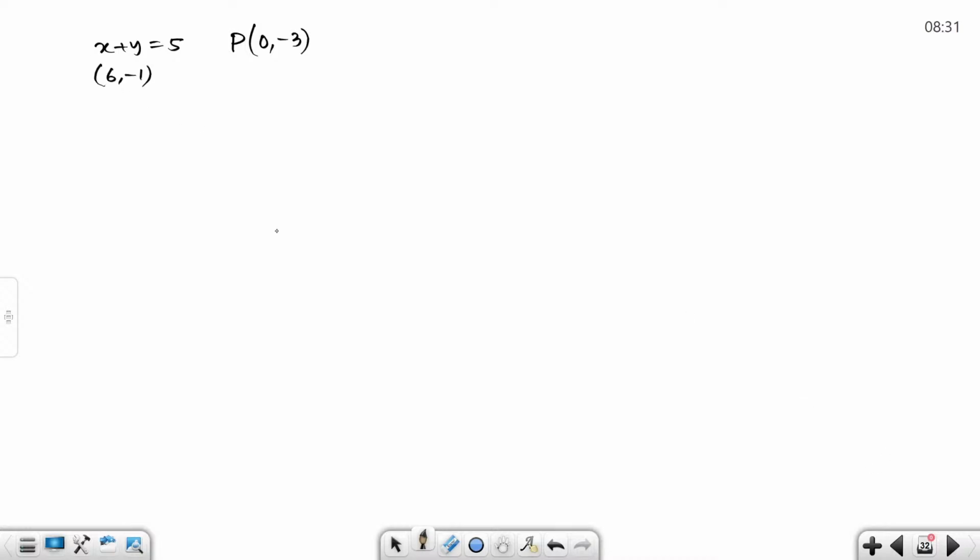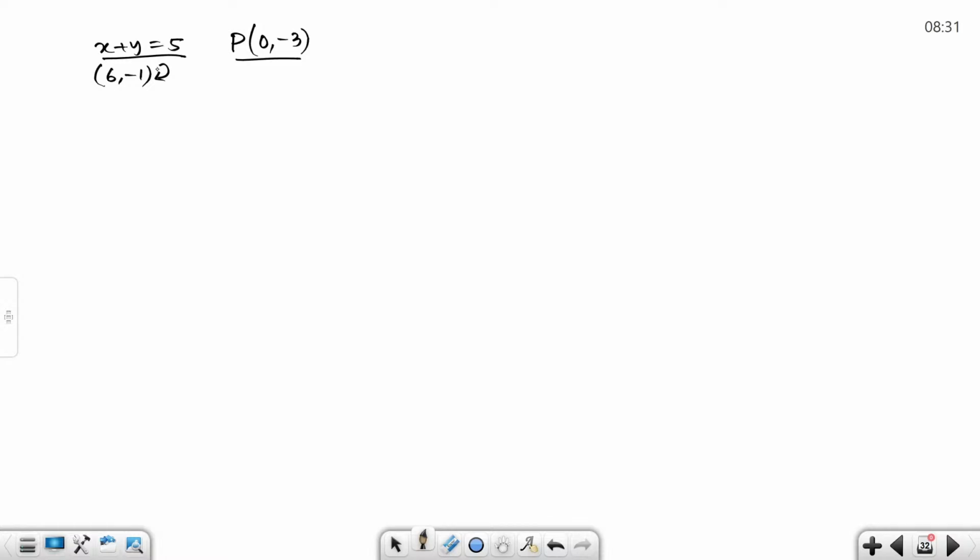So it is talking about that circle which is passing through this point, but which is tangent to this line at this point. Okay, so are they not talking about the family of circles which are passing through the point 6, minus 1 and the line x plus y equals to 5 is tangent at that point? Getting my point?